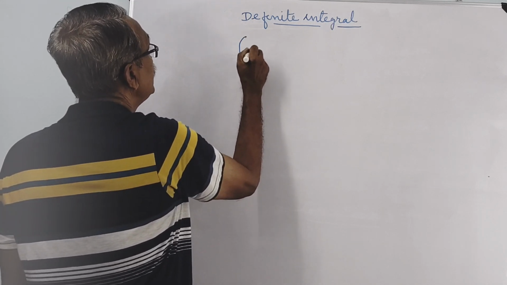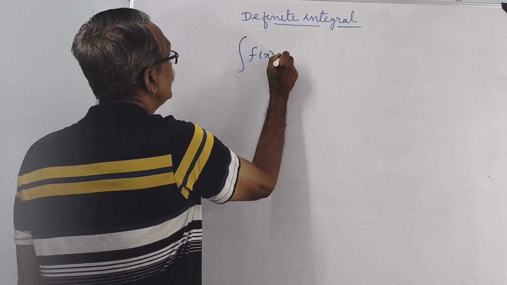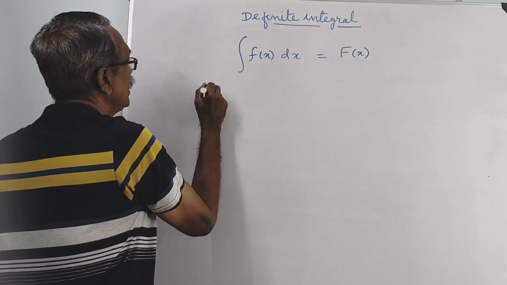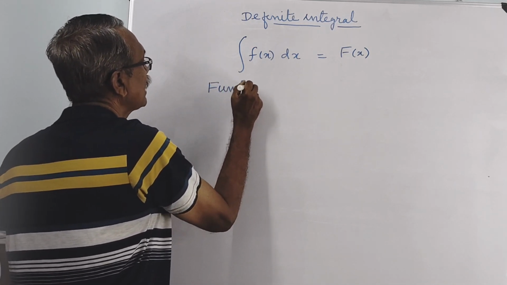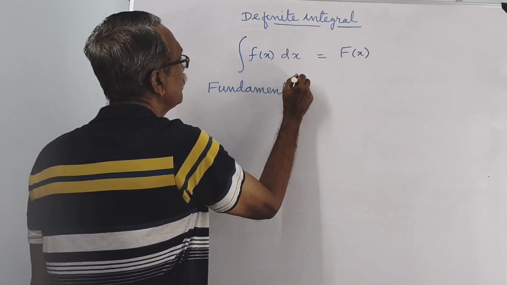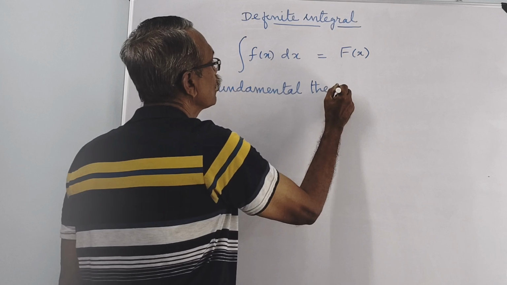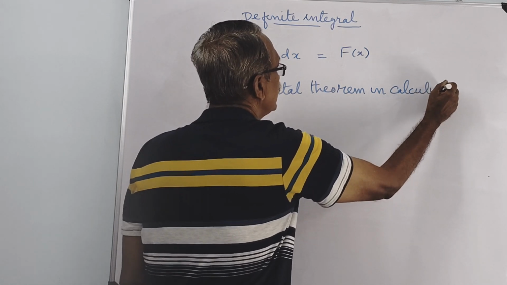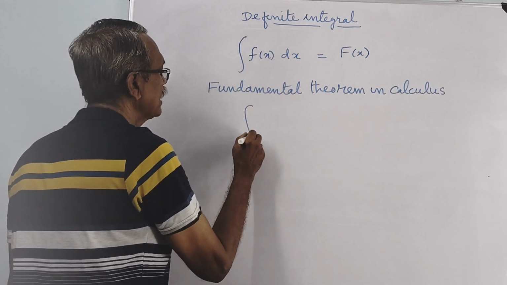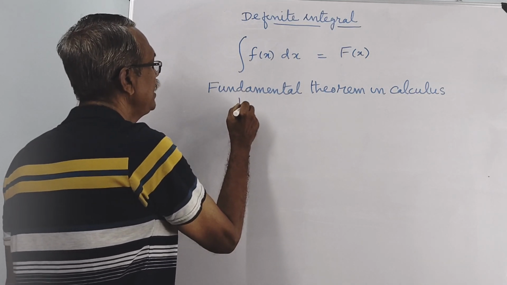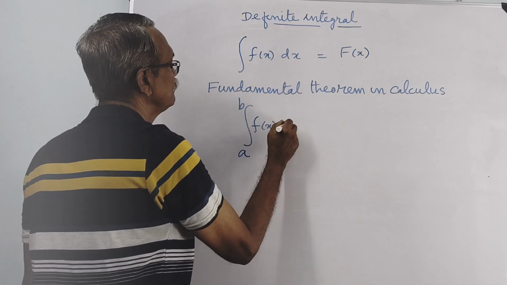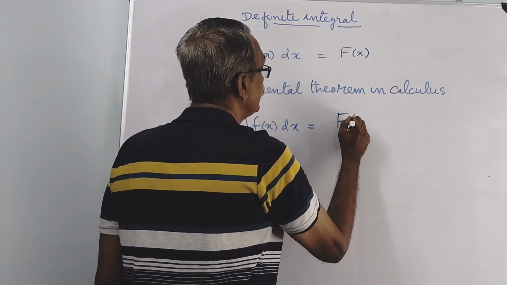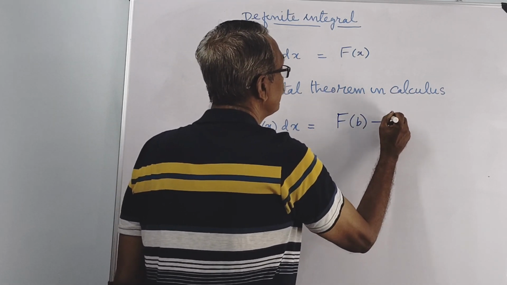So, if integral f(x) dx is equal to F(x), then the fundamental theorem of calculus tells you that integral from a to b f(x) dx is equal to F(b) minus F(a).